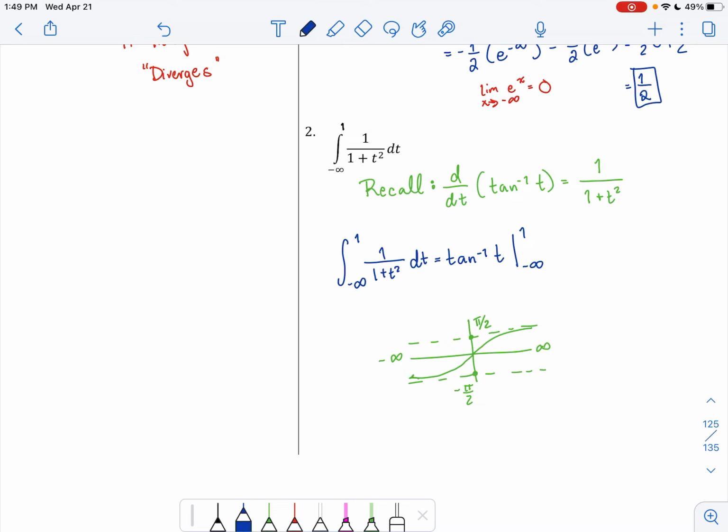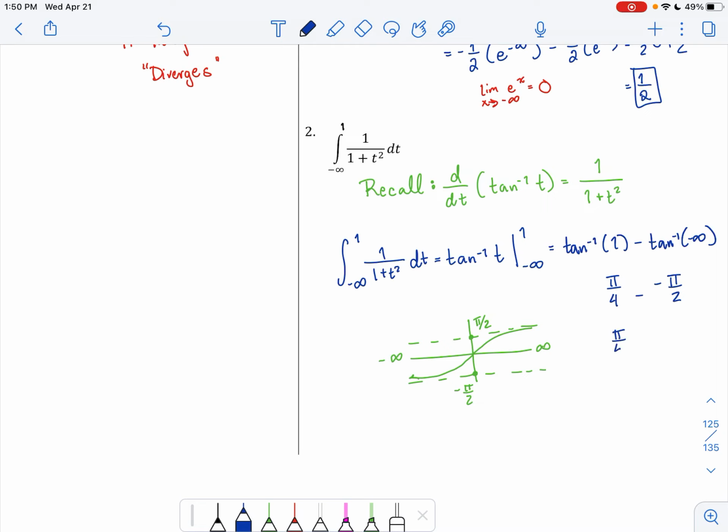If we think about this as the limit of tangent inverse of 1 minus tangent inverse of negative infinity, we can see that the limit is negative pi/2, and tangent inverse of 1 is where the tangent function is equal to 1, which is pi/4.